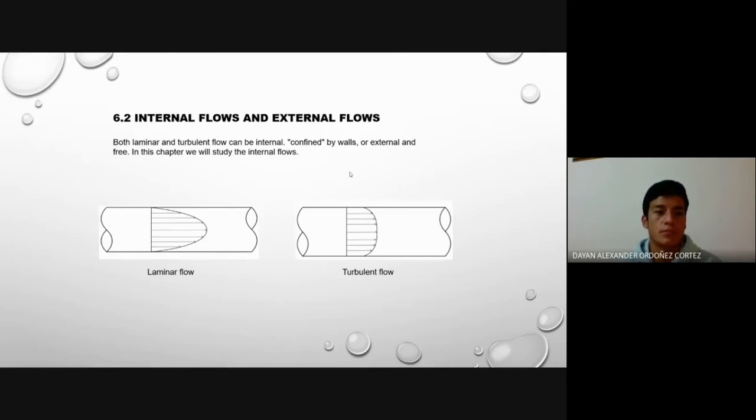In this chapter, we will study internal flows. In an internal flow, confined by walls, the fluid regions subject to viscous effects grow and meet until the inner flow is occupied. There is an input region where the initial inviscid current converges and enters the duct.